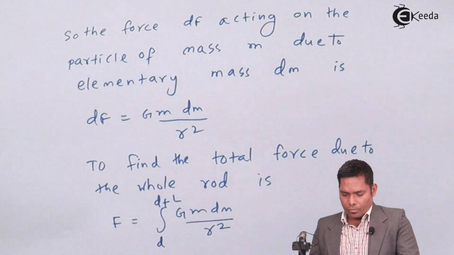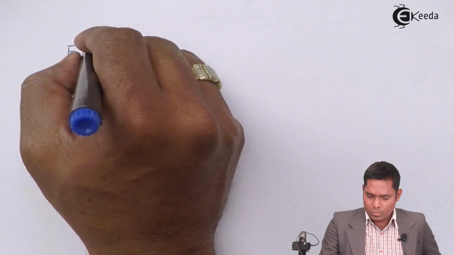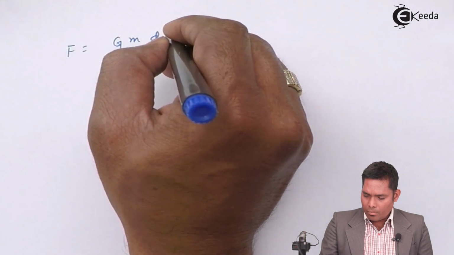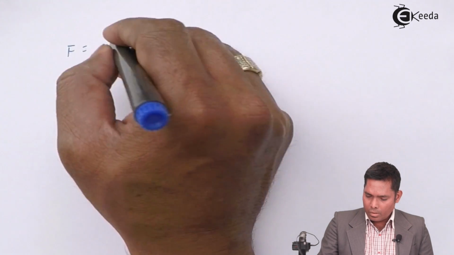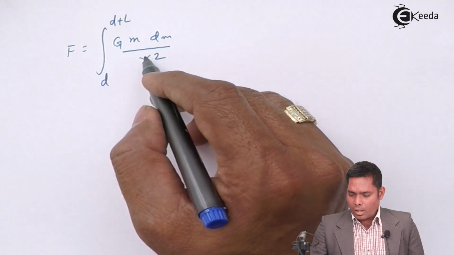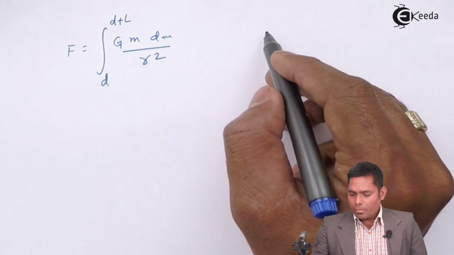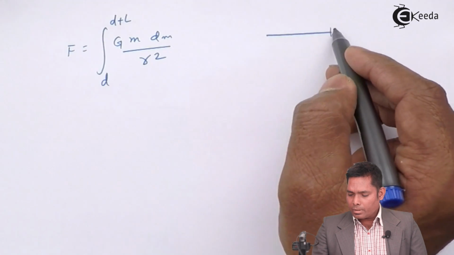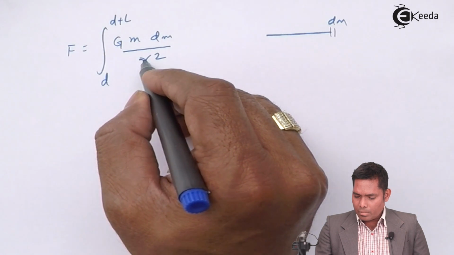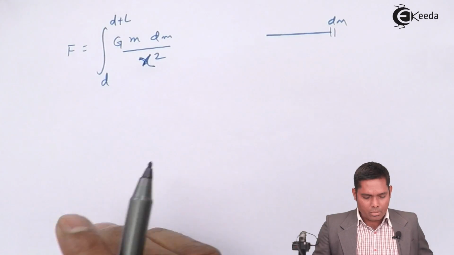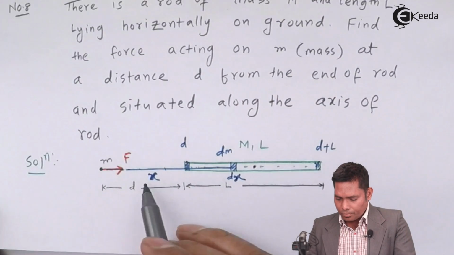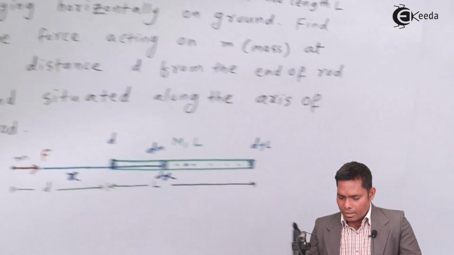So F is now G m dm over r square, d to d plus L. Here the r is variable, because that element of mass dm is at a distance x. I'll write x square here, because I've taken x as the element, so in place of r I'll write x.